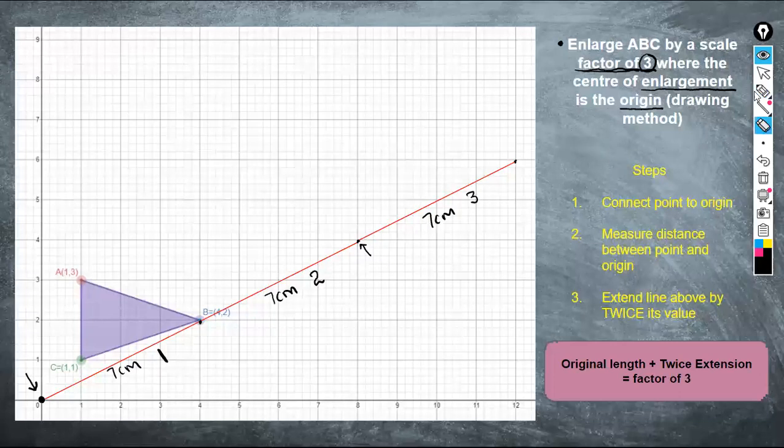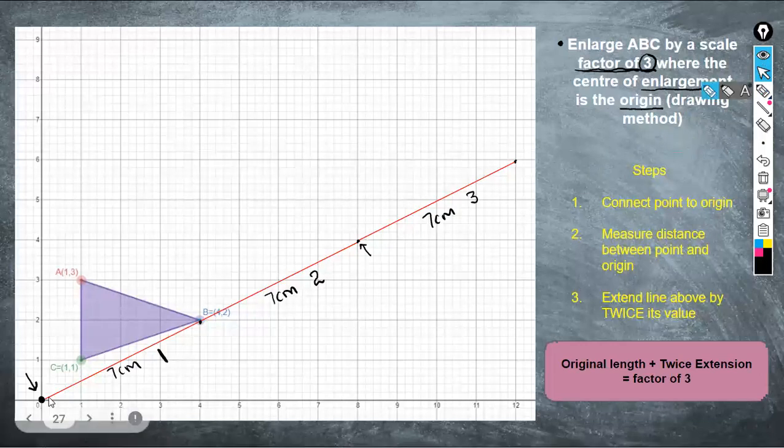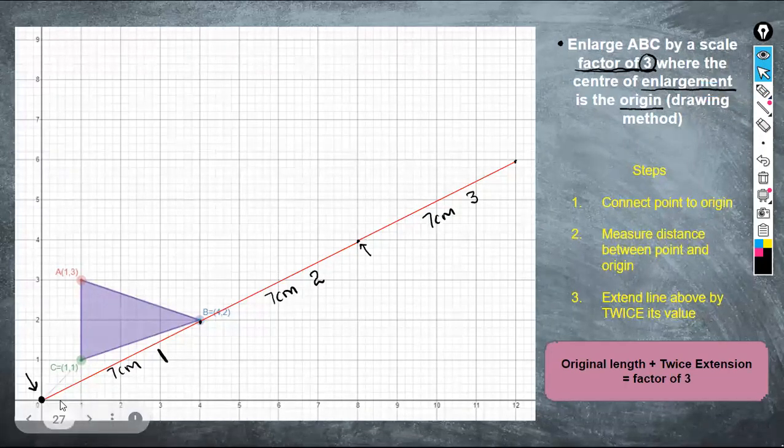So let's go ahead. Guess what you guys have to do now? You have to do the same thing for points C and A. So watch me animate it. I will take my ruler and from the origin, I will connect it to point C. You all see the short blue line here? Let's assume that's 2 centimeters. How many more times do we have to extend that 2 centimeters? 3 more times or 2 more times? 2 more times, correct.